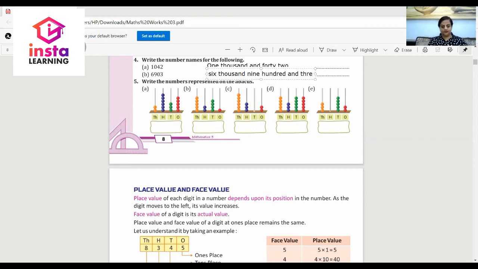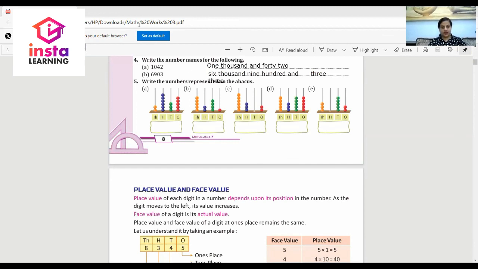That is THREE. It is not coming here, so we will write here 3, THREE. So 6903 is the answer.